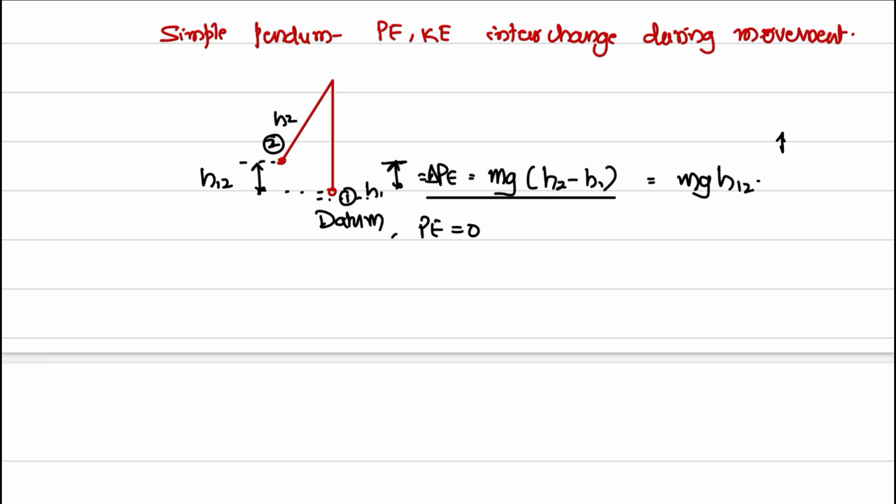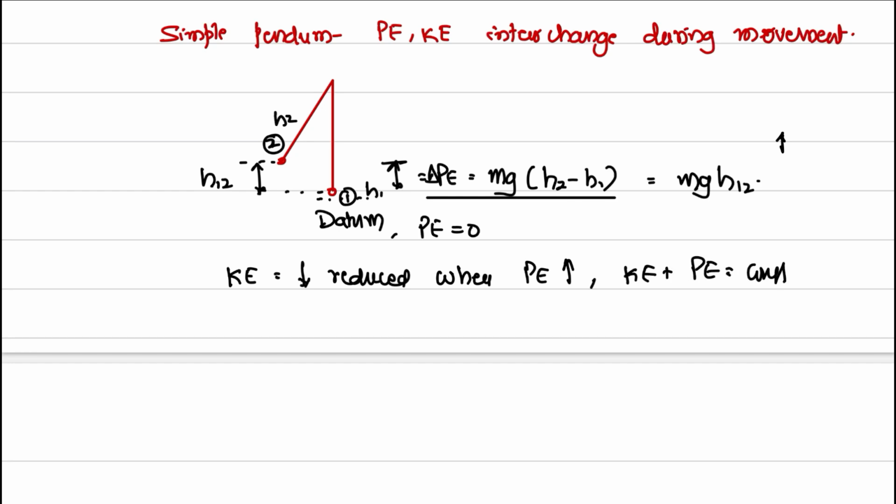Then what happens to kinetic energy? Kinetic energy will be reduced when potential energy is increasing, because kinetic energy plus potential energy is equal to a constant as per the conservation of energy rule. That means in a simple pendulum, the movement is an energy driven and periodic conversion.